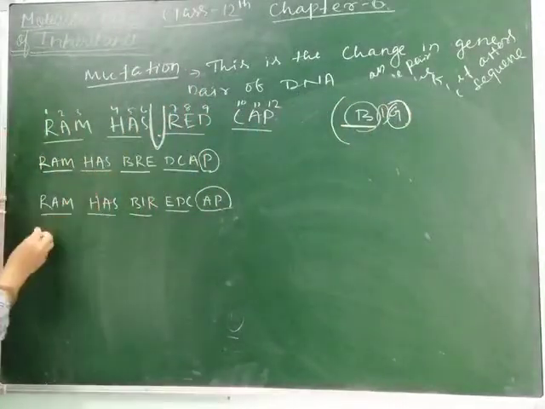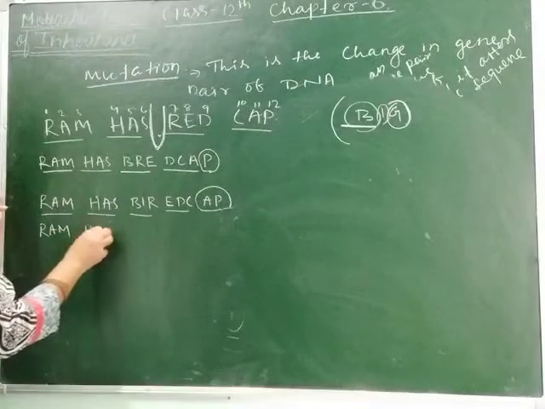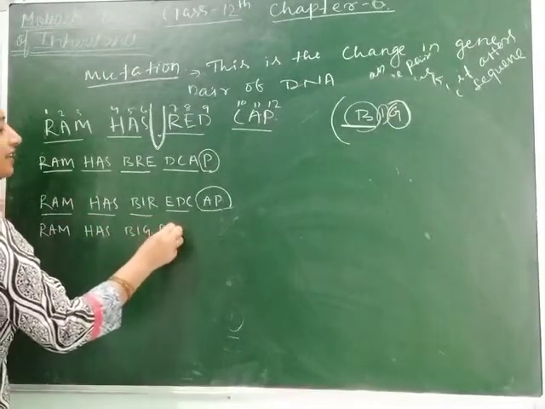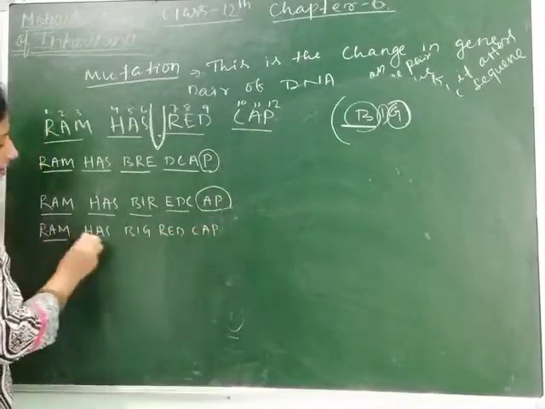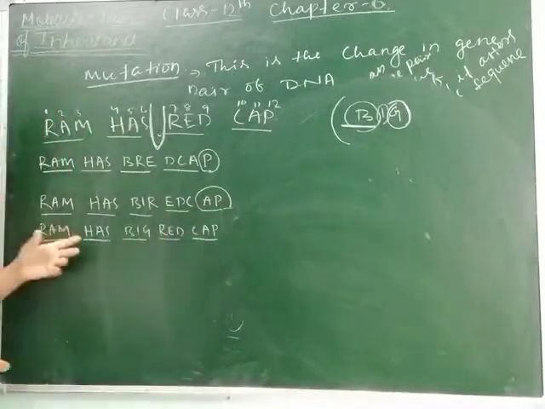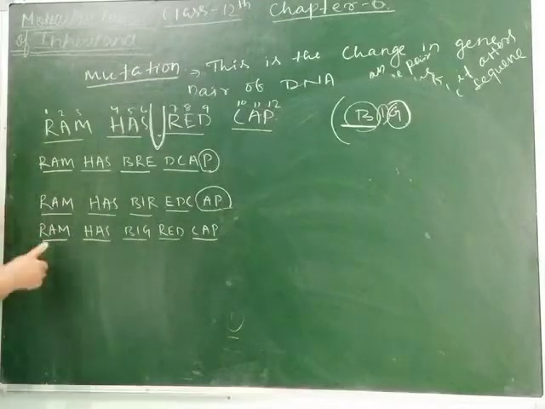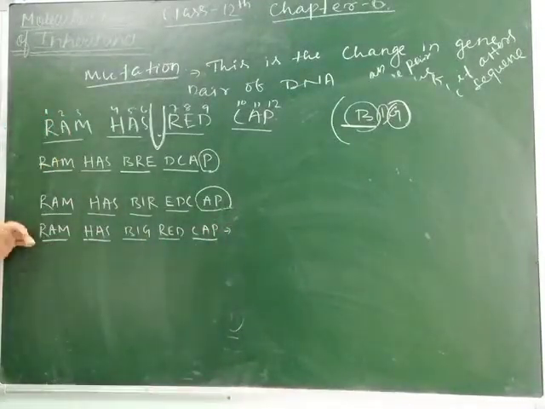So Ram has B, I, G, R, E, D, C, A, P. Now all the words contain 3 letters, or if we consider these as codons, then they all contain 3 letters. So the newly formed sentence is Ram has big red cap.